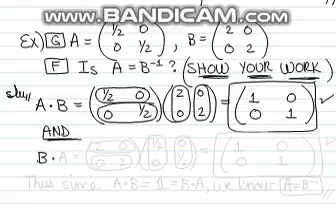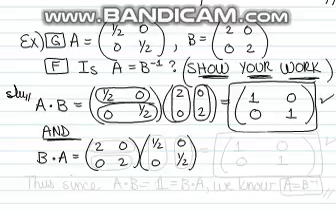B times A. Let's write our B matrix here, 2 down below 0 and 0 down below 2, times the second matrix, 1/2 down below 0, 0 down below 1/2. We're going to get a 2 by 2. First row, first column: 2 times 1/2 is 1, plus 0 times 0 is 0, so that's 1.